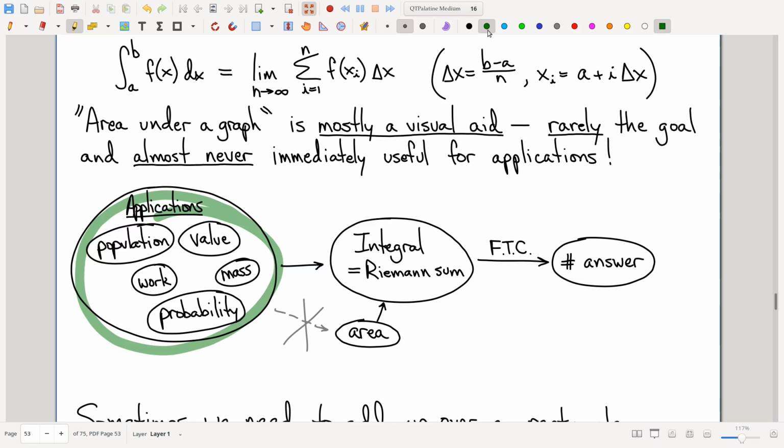We've already talked about one. If you want to compute the mass of a one-dimensional rod, well, you write it as a Riemann sum, you compute with the fundamental theorem of calculus. Area doesn't come up. There's no area in the question. There's no area needed for the solution. It's got nothing to do with it.